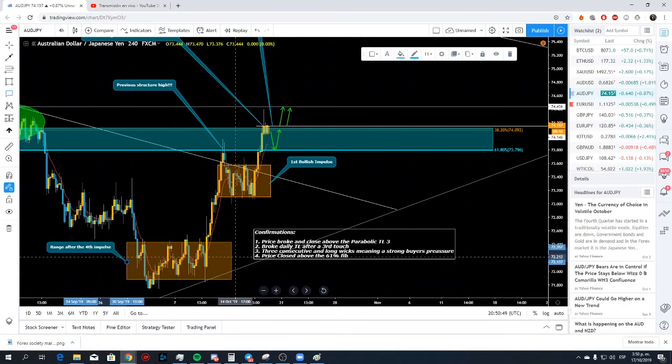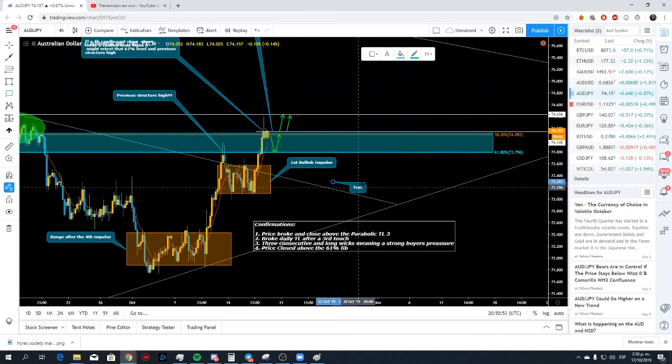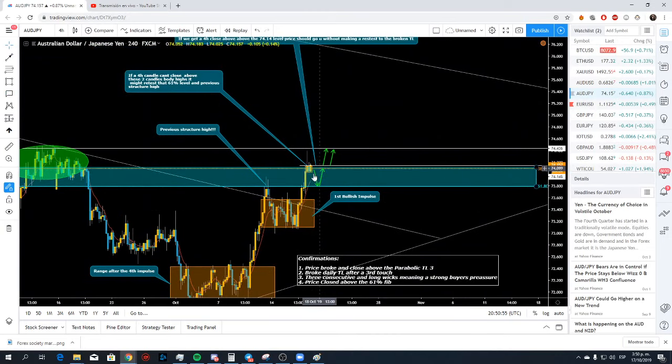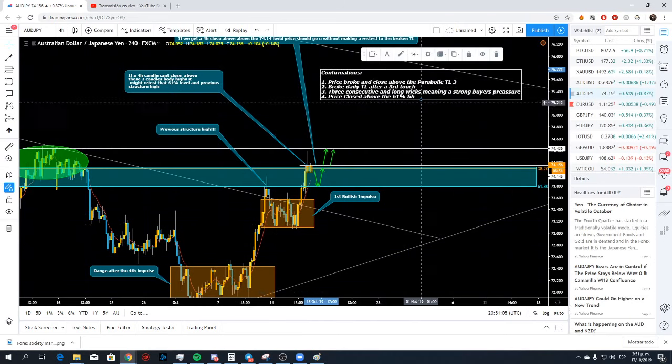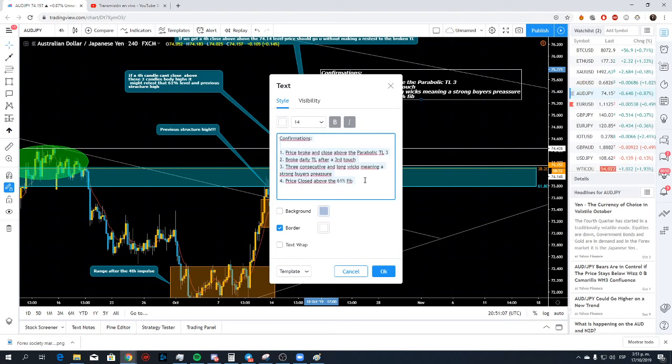Okay, so back to the trade. It is forming our second impulse right now. That's another confirmation we got there. We have 5 confirmations right now.